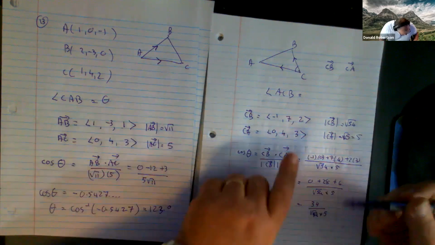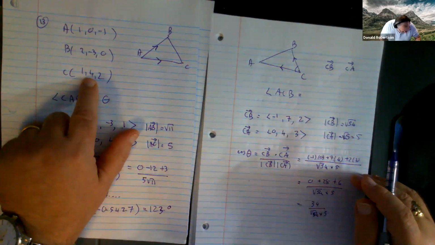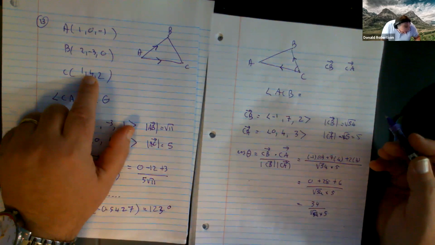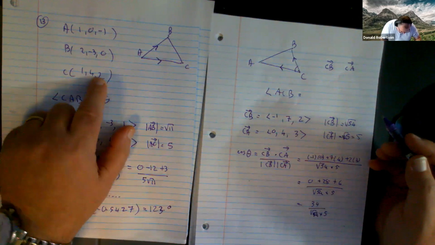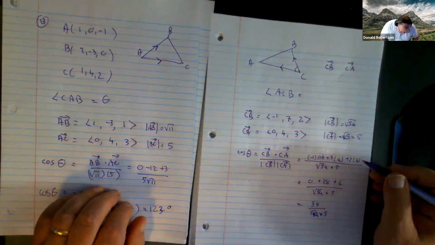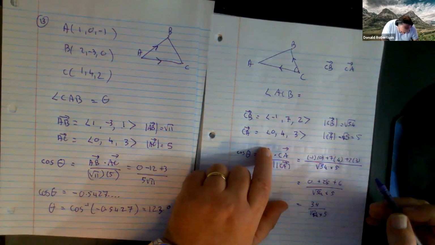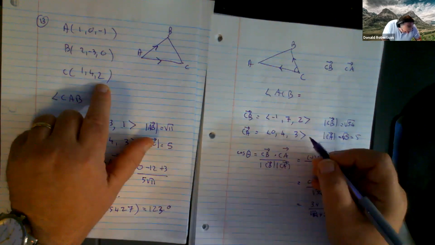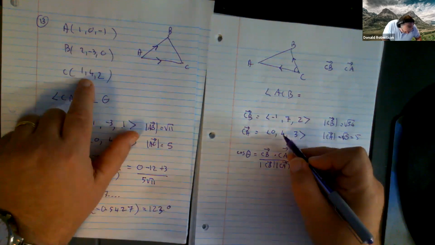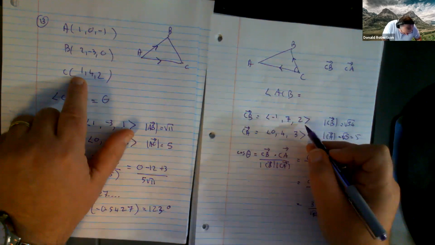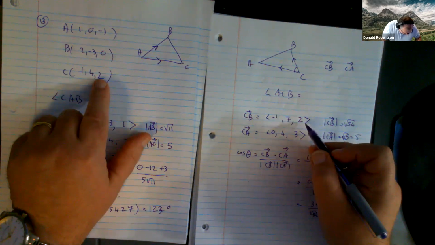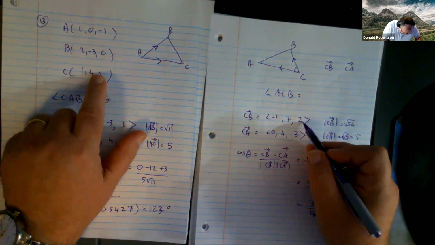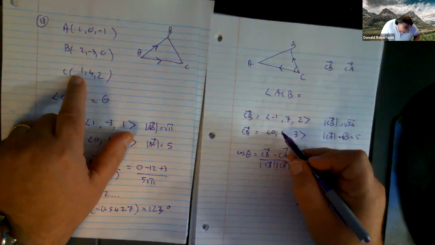Let's check CB again. 4 take away that is 7, that is 28. 2 take away that is 3. CA is 3, that's 4, and that's 0. CB is 2, 7, -1.